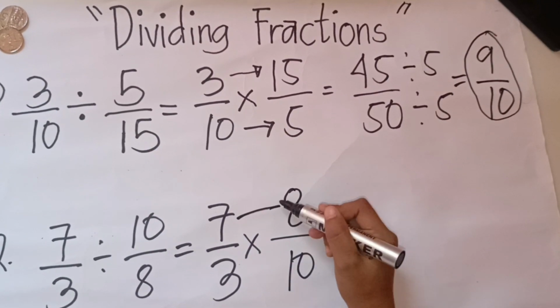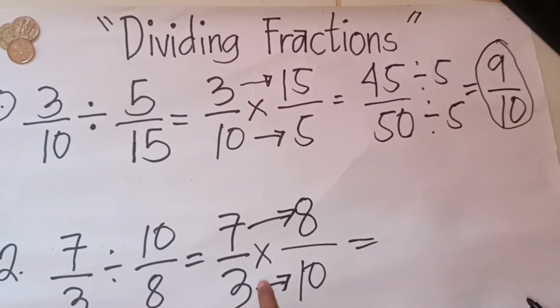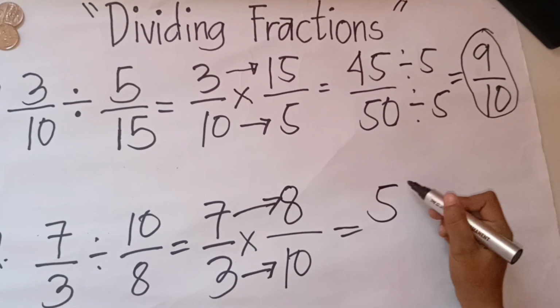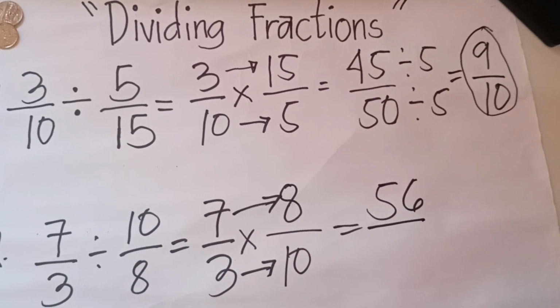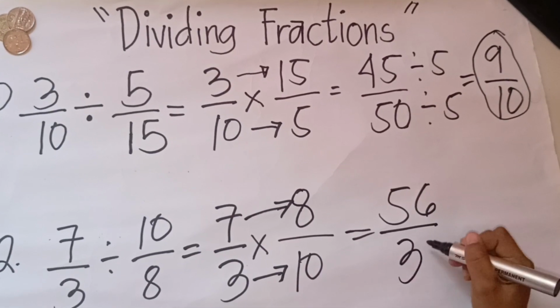Then proceed to the multiplication rule, or the normal multiplication. We have 7 times 8 is equal to 56, and then 3 times 10, we have 30.